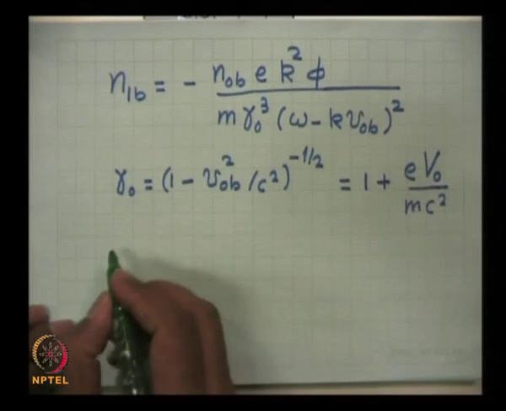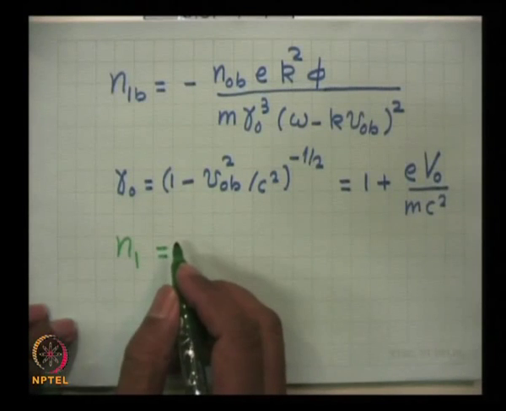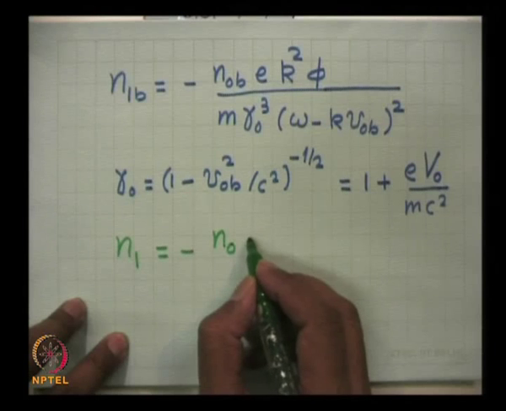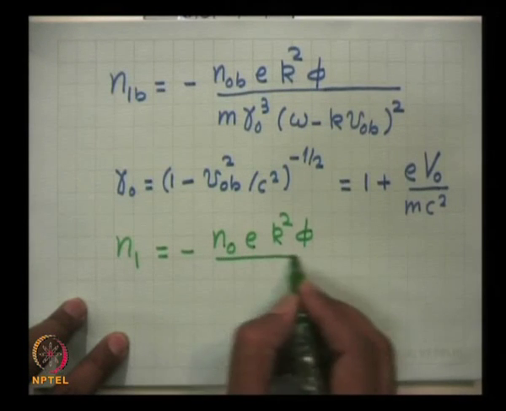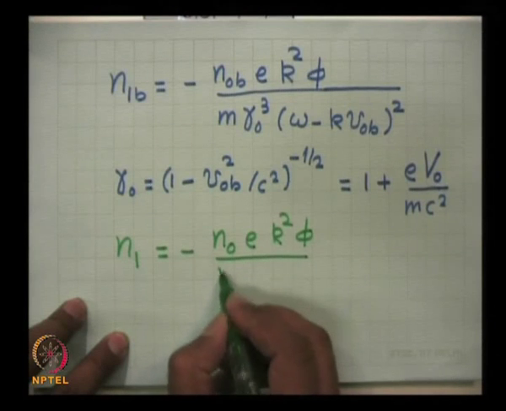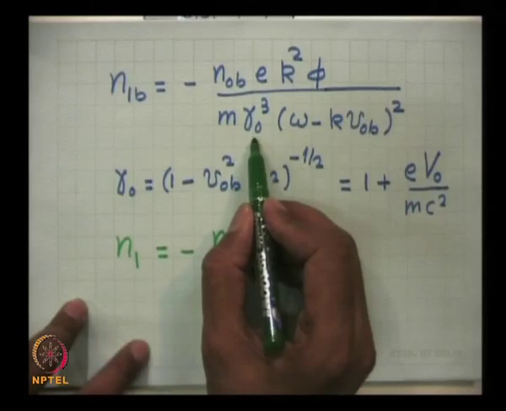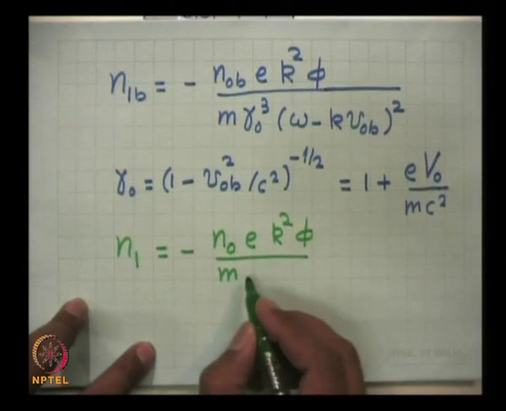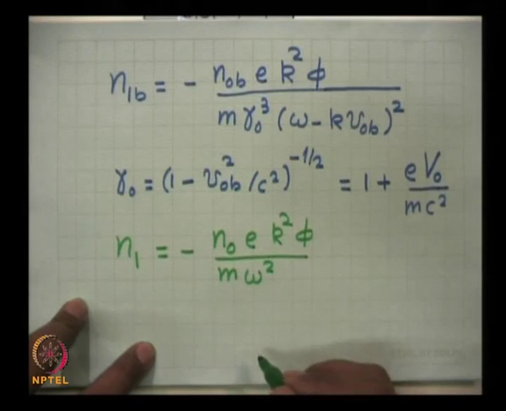Well, the plasma response is the same. You can deduce from here the perturbation caused in the plasma electron response, whose electron density in equilibrium was N0, then e k square phi upon m. For the plasma electrons, they are not moving in equilibrium, their velocity was 0, so gamma 0 is unity, and V0b is 0, so this becomes omega square.